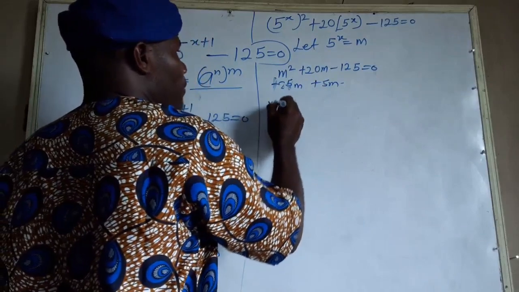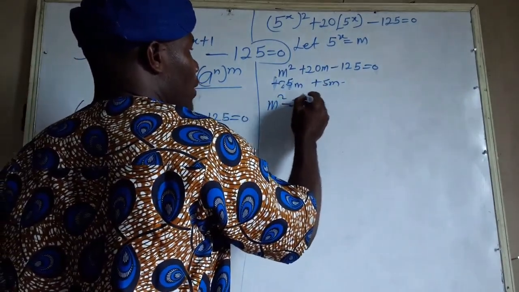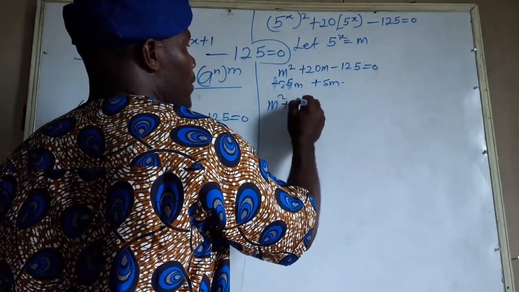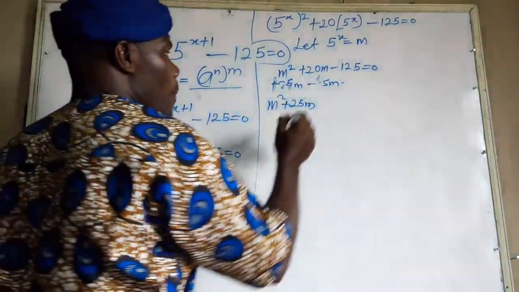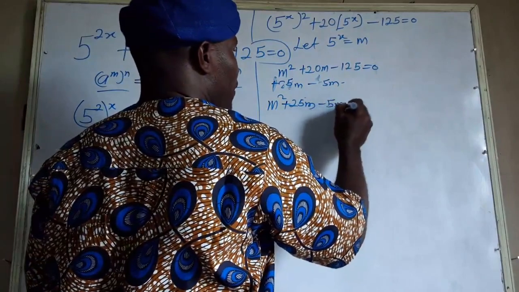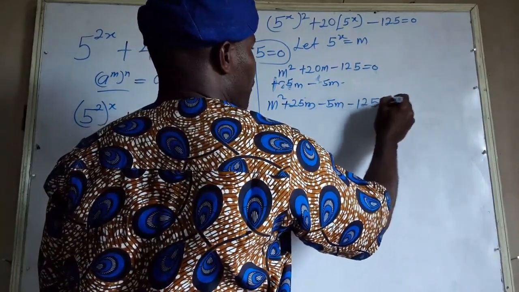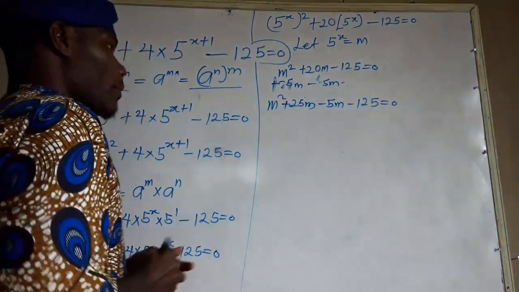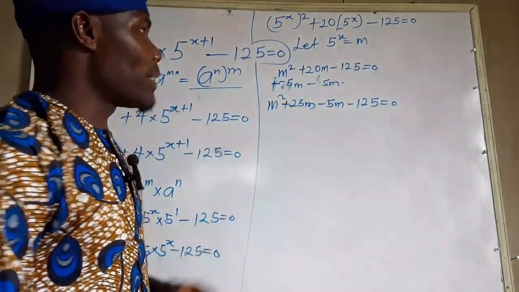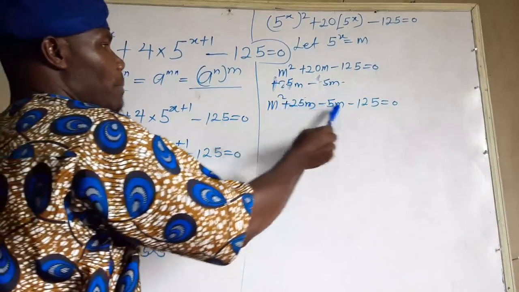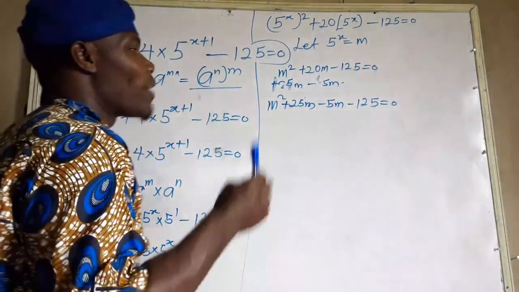We have m squared plus 25m minus 5m minus 125 is equal to 0. When we add these two together, it will surely give you plus 20m, but by the time you multiply, it will surely give us 125.